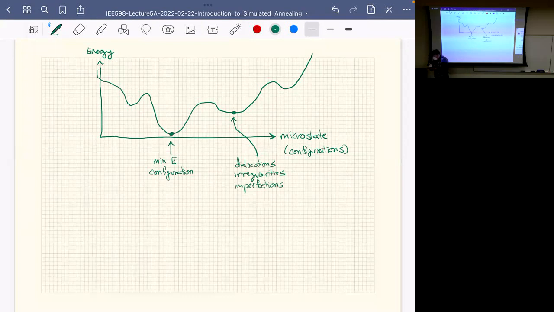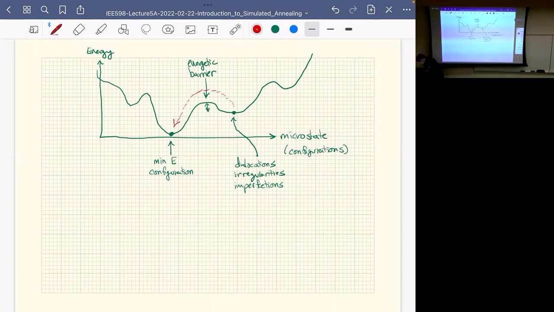Now, there is going to be a small energetic barrier that prevents easily getting from one microstate to another. So if I wanted to go from this microstate to this microstate, it's true that the microstate on the left is at a lower energy than the microstate on the right, but in order for me to get there, I actually have to increase my energy in order to get up there.